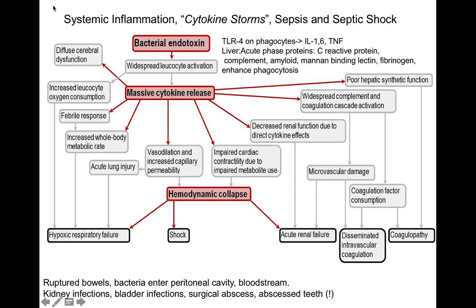So, oh, and the brain, right? So often folks in this so-called endotoxic shock, they're confused, right? Because the brain's not getting enough blood, right? So we can end up with respiratory failure, shock, kidney failure, DIC. So very rapidly, the patient can die from this endotoxic shock, this sepsis, septic shock, right?